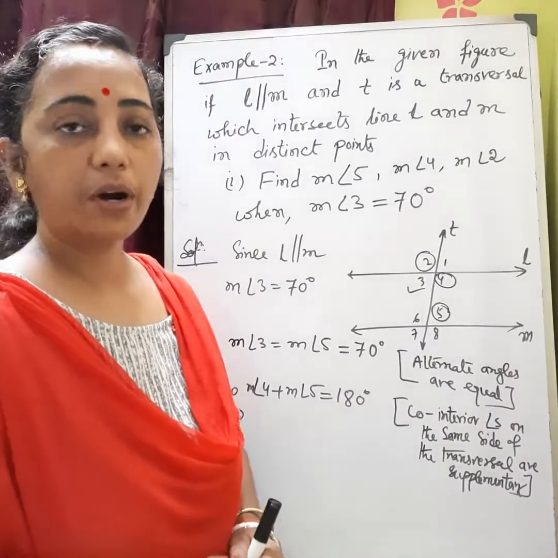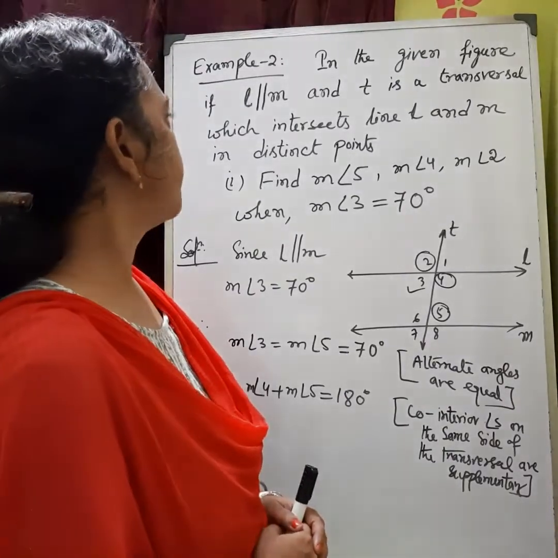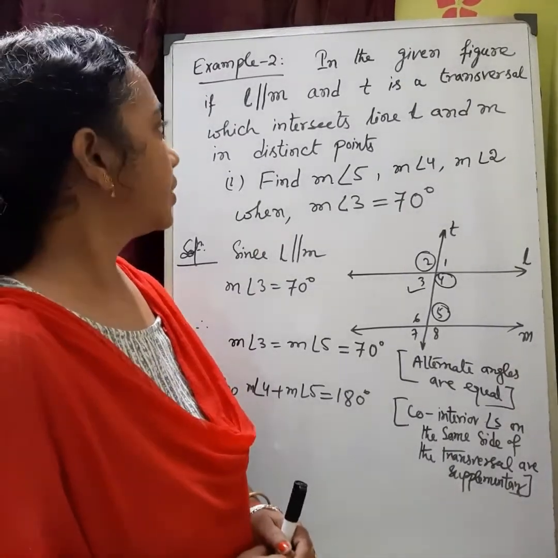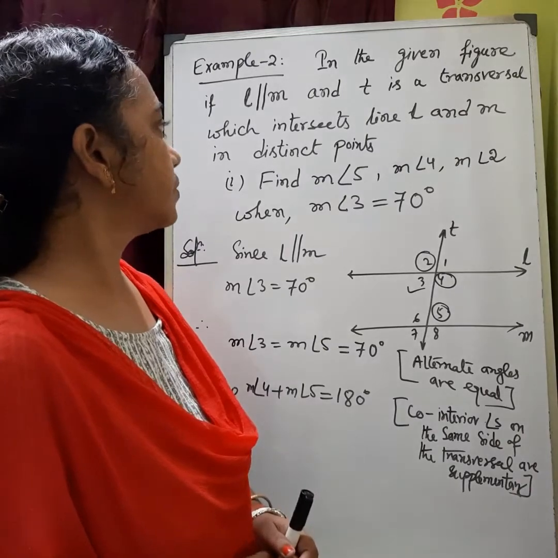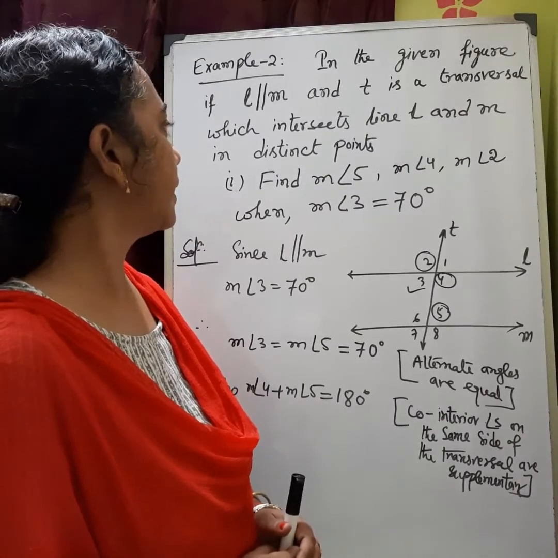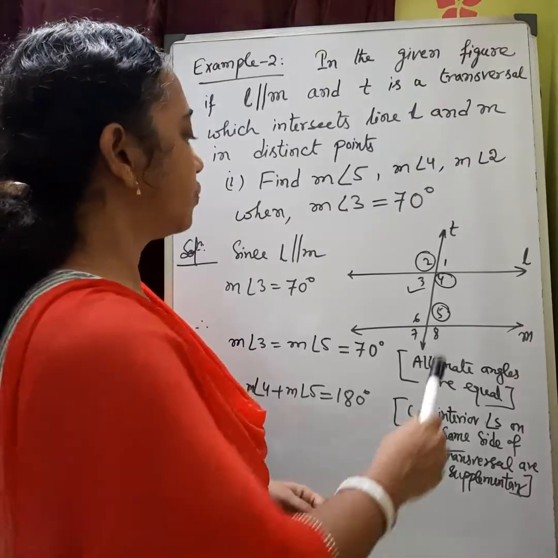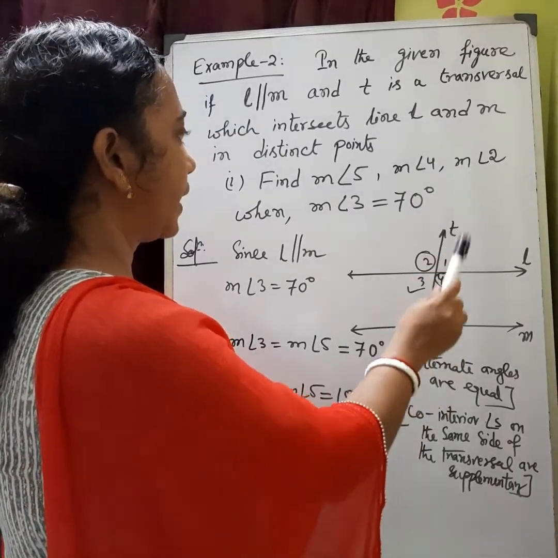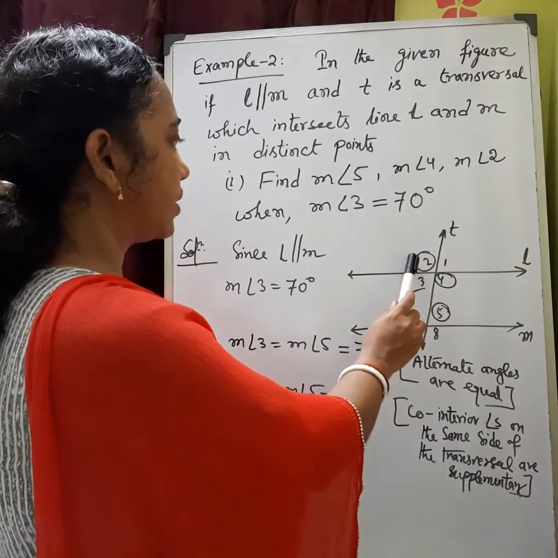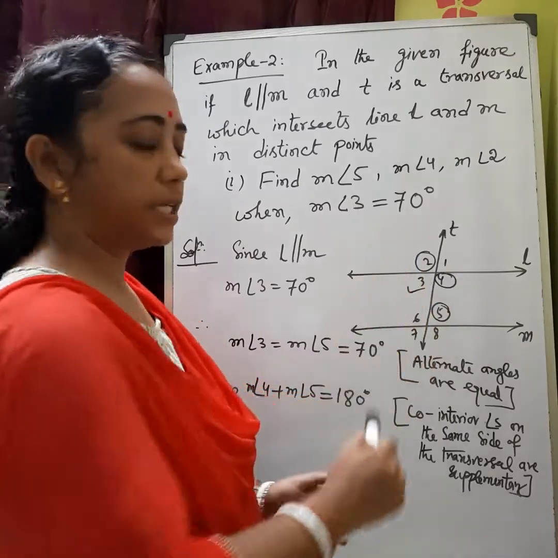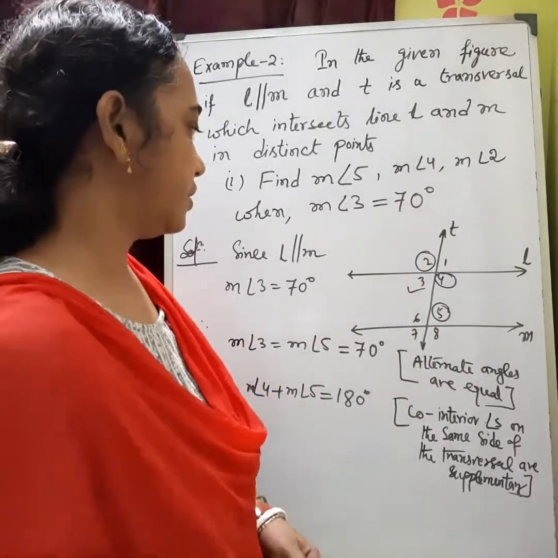Now let us do one example. In the given figure, L is parallel to M and T is a transversal which intersects lines L and M in distinct points. Find the measure of angle 5, angle 4 and angle 2 when the measure of angle 3 is given, that is 70 degrees.